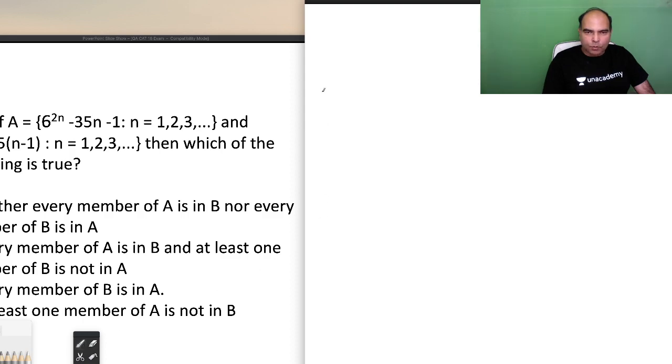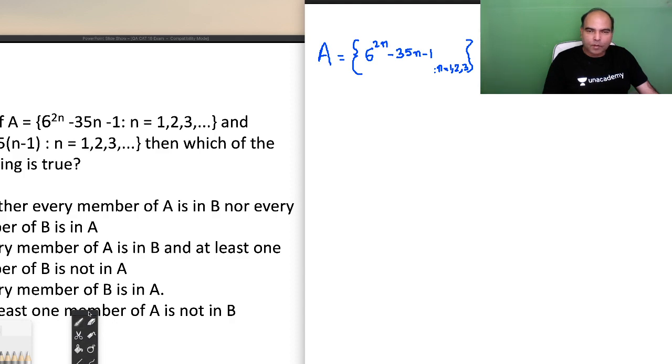So when you are talking about A is equal to {6^(2n) - 35n - 1} such that n is equal to 1, 2, 3, this is basically referring to the whole set of numbers which are represented by this expression that you see here, with values of n as 1, 2, 3.